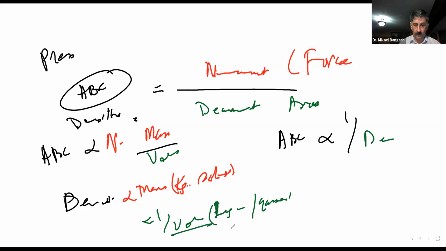Our standard unit for volume is the liter. So you can say density is going to be higher as more solid is mixed in the same amount of liquid, and vice versa.